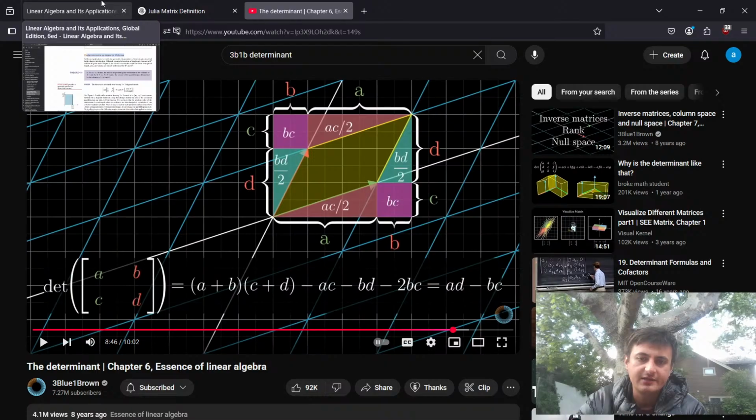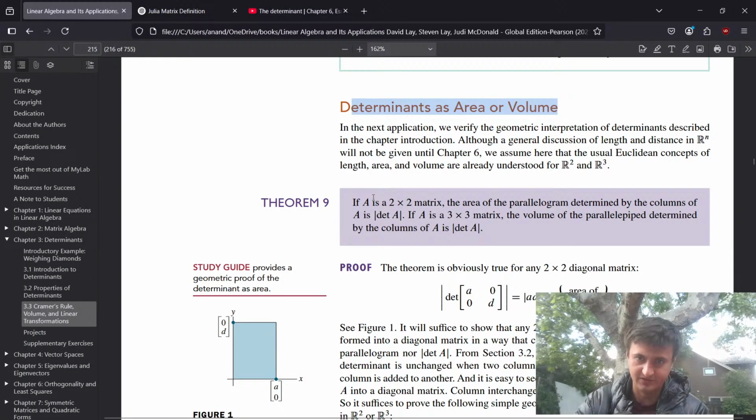It's take your unit length basis vectors or whatever, and it gives you how much is stretched out under the action of the transformation.